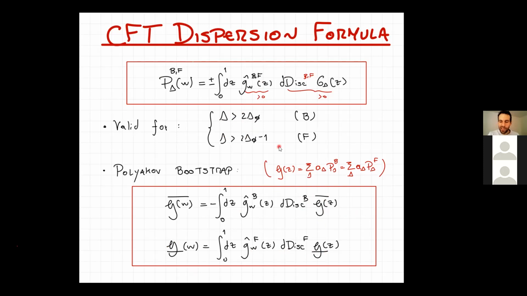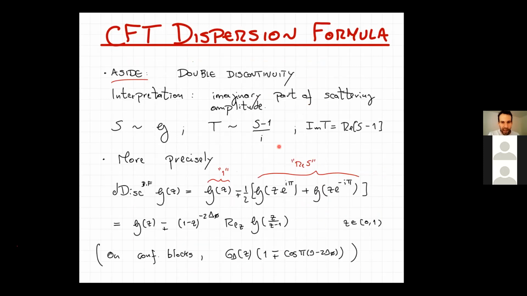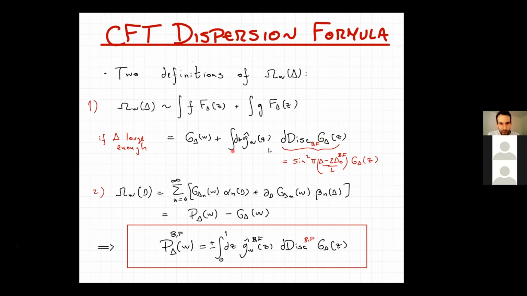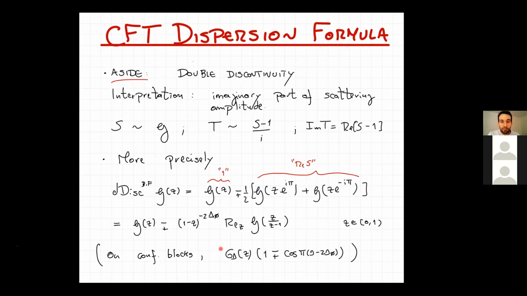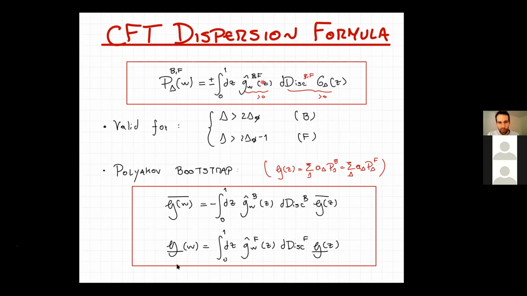We had this expression for the master functional action, and we know that the master functional action is related to the Polyakov block, so we get this formula for the Polyakov block. And now the Polyakov bootstrap simply becomes this dispersion relation, or rather two dispersion relations. Okay.